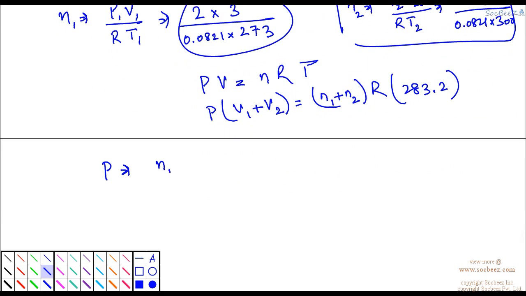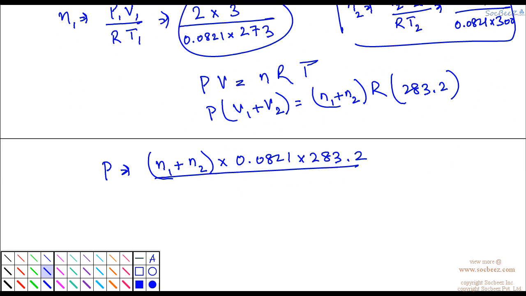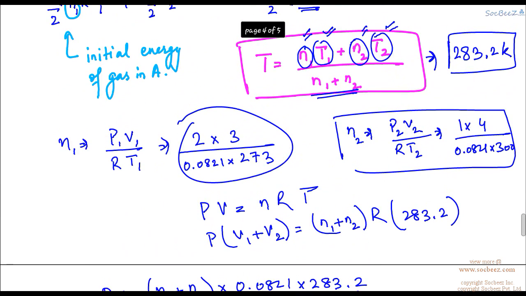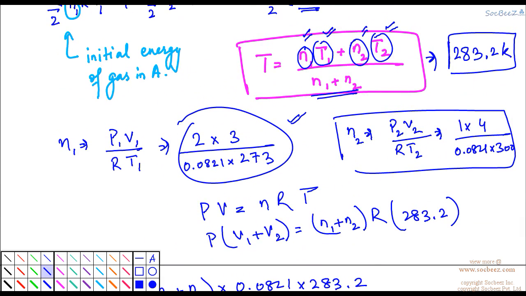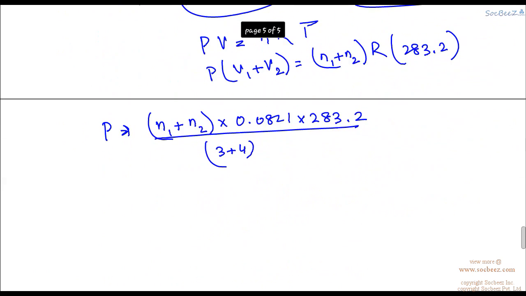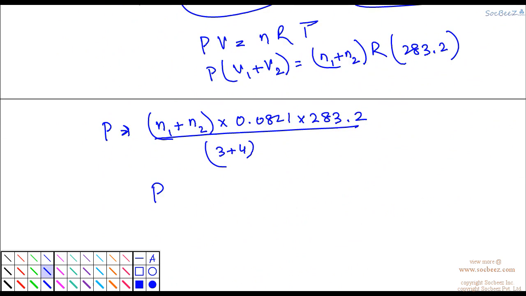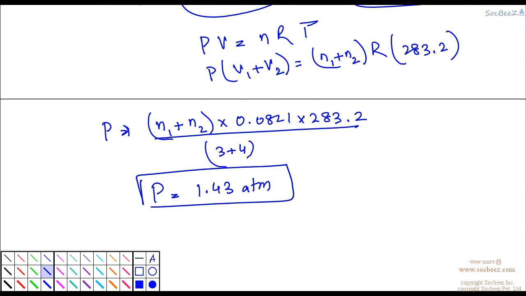So that would give us the pressure required. Pressure would be N1 plus N2 into 0.0821 into 283.2 upon the volume available, that would be 3 plus 4. N1 and N2 have been calculated over here, this and this we have to add up. So this would give us a final pressure equal to 1.43 atm.